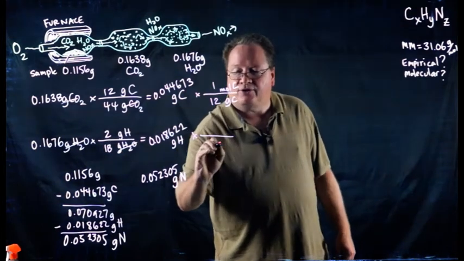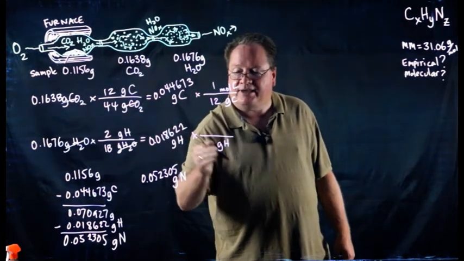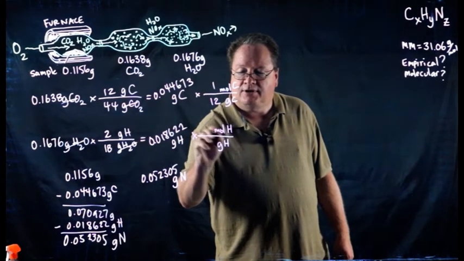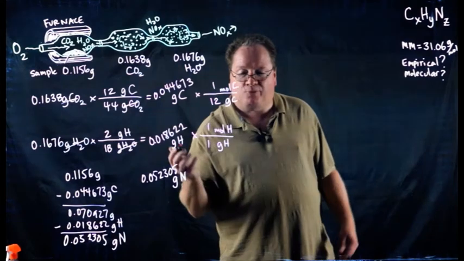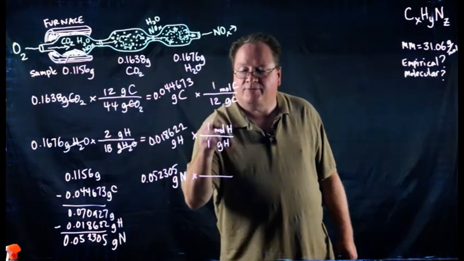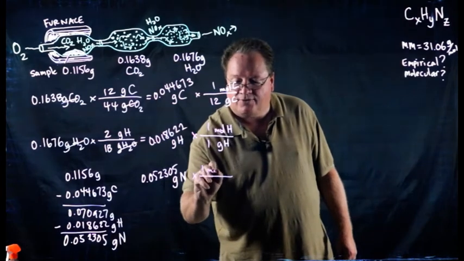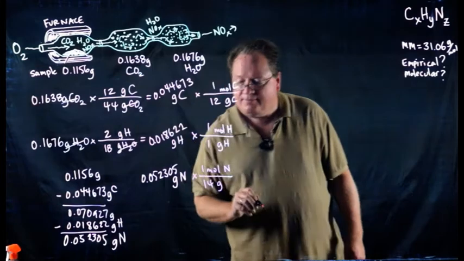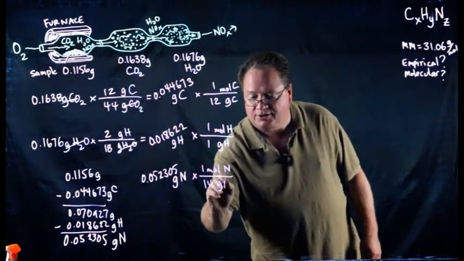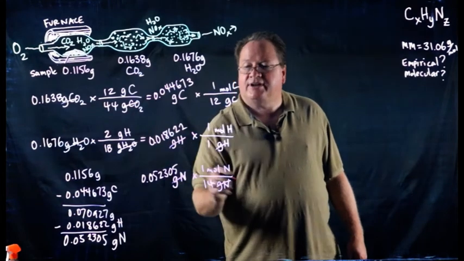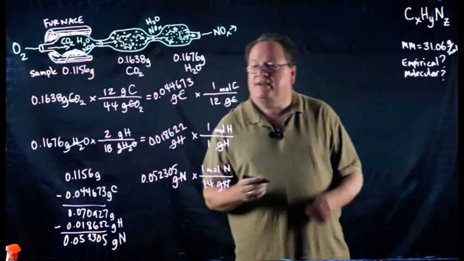I'm going to put grams hydrogen on the bottom so we can get rid of it, and moles on the top. For every 1 mole of hydrogen, I have 1 gram. Again, these numbers are coming from the periodic table. For every 1 mole of nitrogen, I have 14 grams of nitrogen. Those are going to cancel, those are going to cancel, and those are going to cancel.